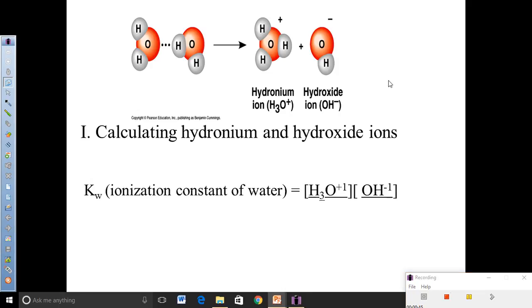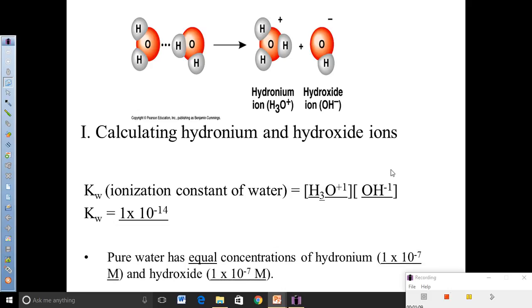So I'll continue to click through this, and I've uploaded the PowerPoint as well. So Kw is going to be a constant, and the constant is always 1 times 10 to the negative 14th. That is known as the constant for water, and it will equal the hydronium times the hydroxide. So you can use this constant and those two things to solve for the other.